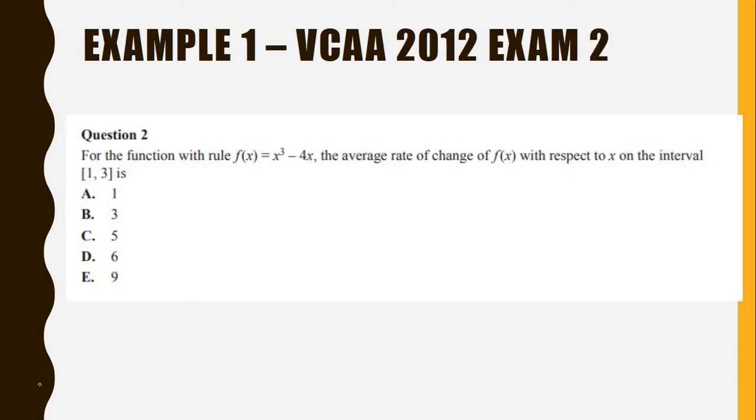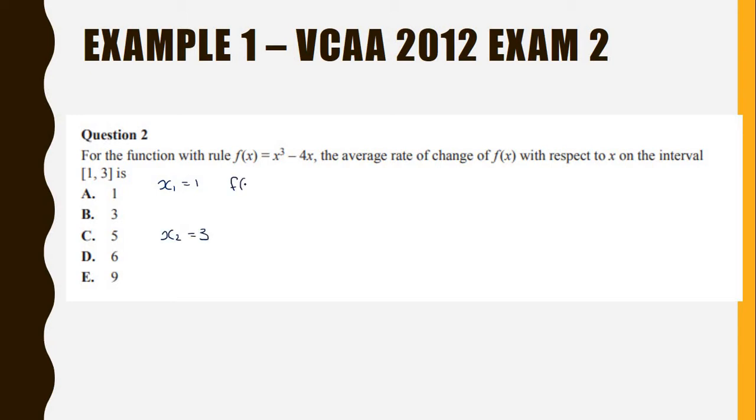Here's a past exam question that asked about average rate of change. So we've got a function there and we wanted to know the average rate of change with respect to x on the interval 1 to 3. So I've got here my x1 value is 1 and my x2 value is 3.